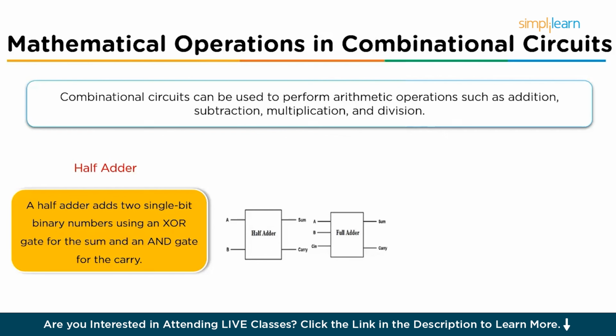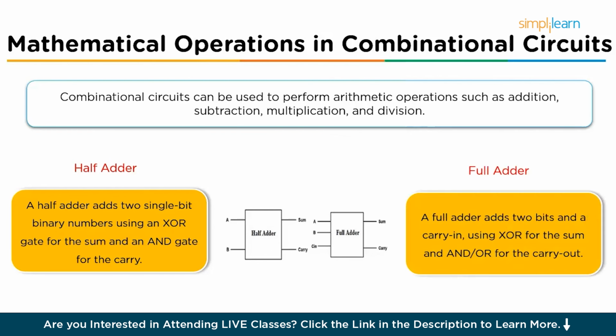So the half adder is there. The half adder is the simplest combinational circuit for adding two single bit binary numbers. It consists of an XOR gate to add the two bits and an AND gate to generate the carry bit. Then there is another adder known as the full adder. The full adder is an extension of the half adder.